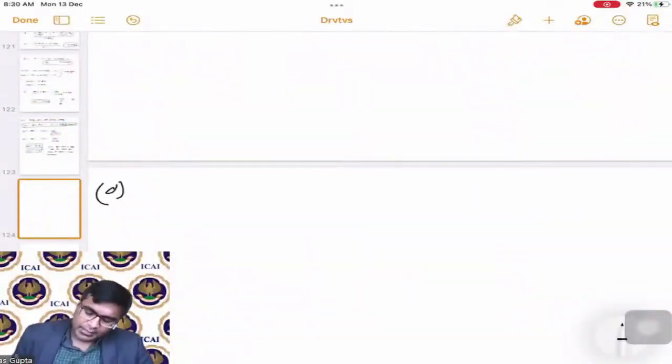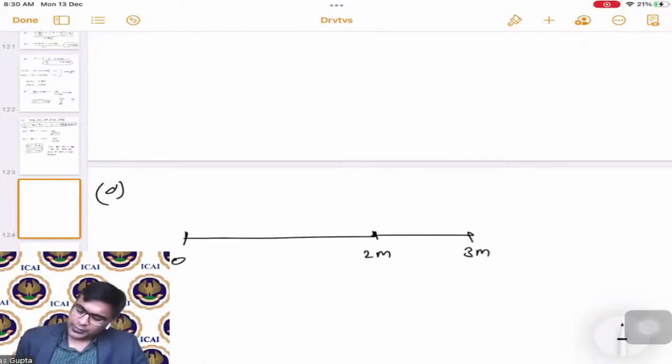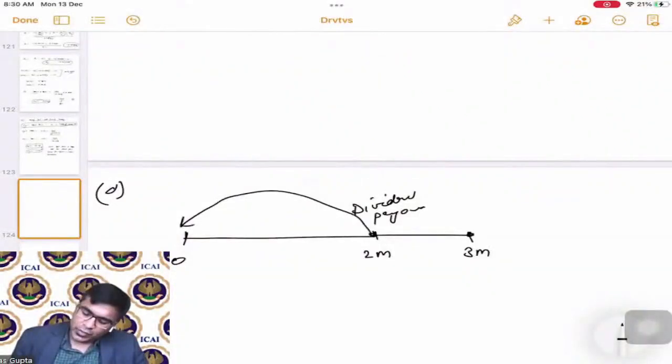So if we go to the D part, what does the D part say is, this is our 2 months and this is our 3 months. So 0, 2 months, 3 months. So 3 months is the expiry of the contract. 2 months dividend payout is expected. So what we can do is we can take a present value and reduce from spot price.